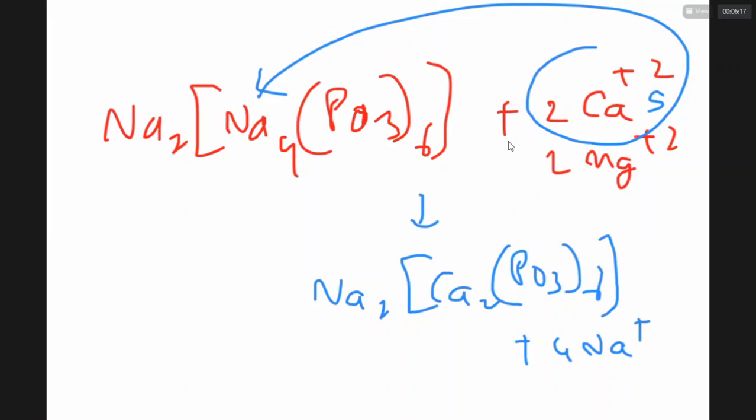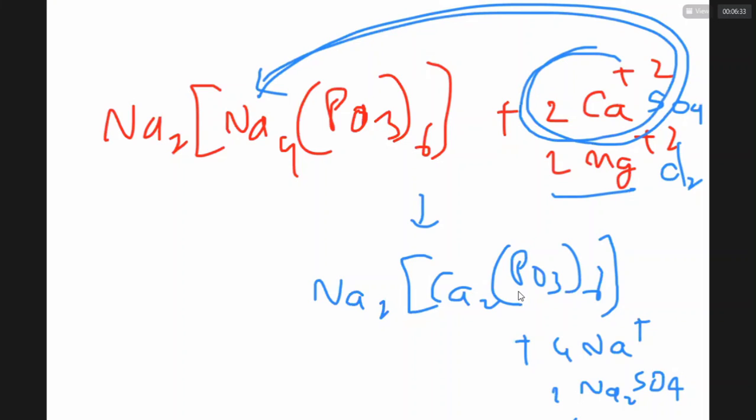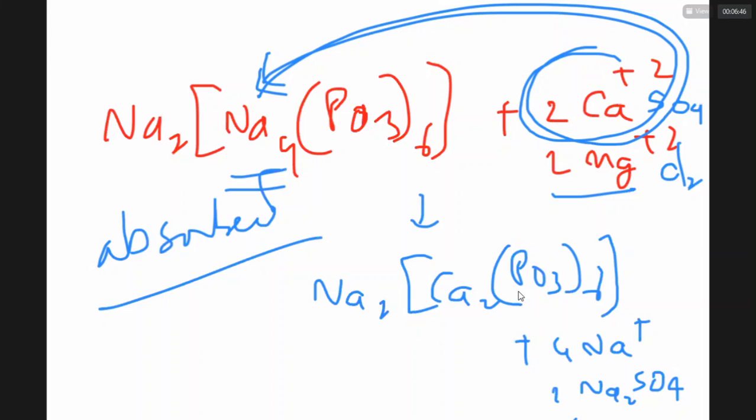Suppose you have taken calcium sulfate, then the solution will have sodium sulfate. Suppose you have taken magnesium chloride in hot water, the solution will have NaCl. Therefore, the cation is absorbed by the complex. The anion combines with the outgoing Na+. As the cation is absorbed into the complex, it loses its ability to spoil soap solution.